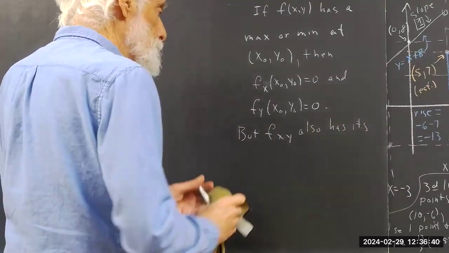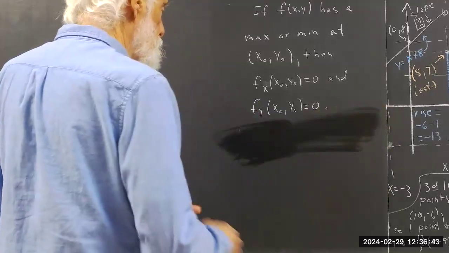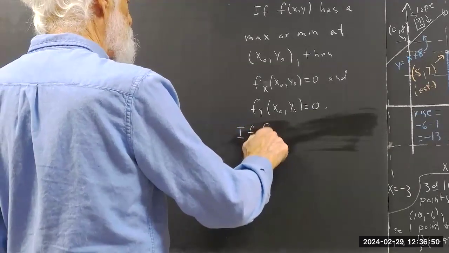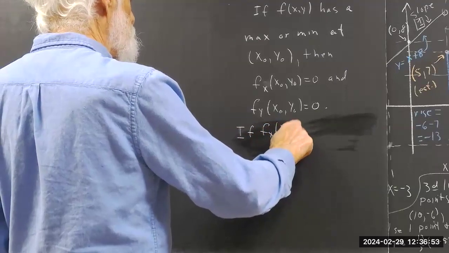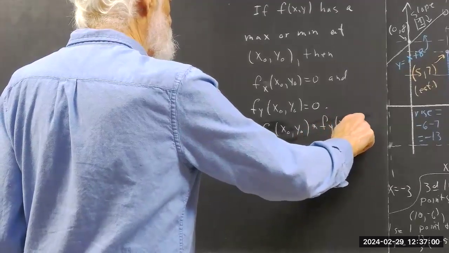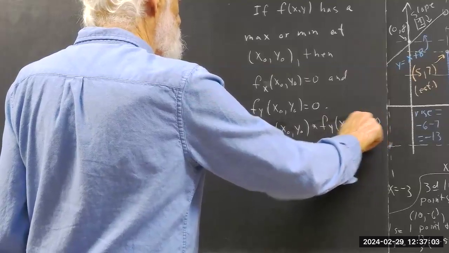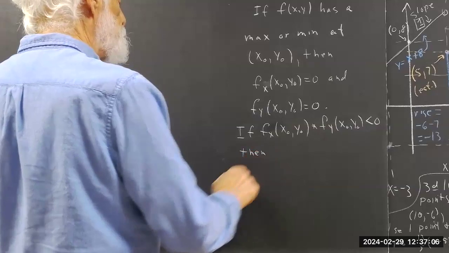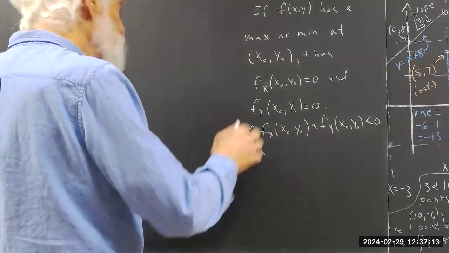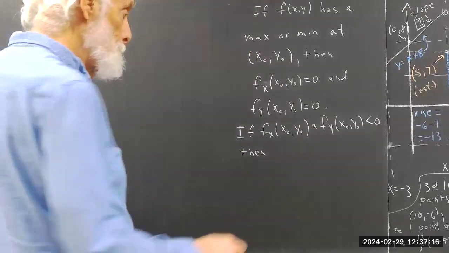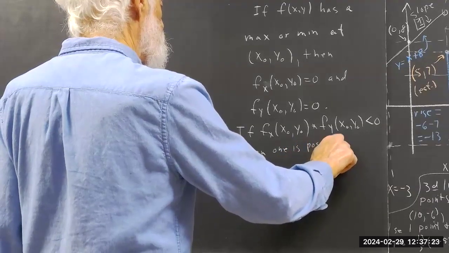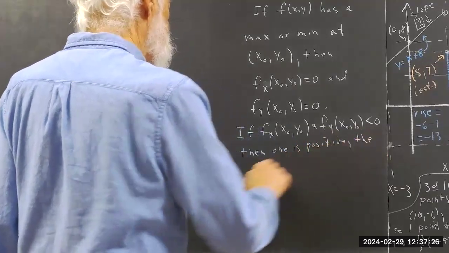Well, I'm getting ahead of myself. Stating it informally, if f_x times f_y is less than 0, then one is positive.